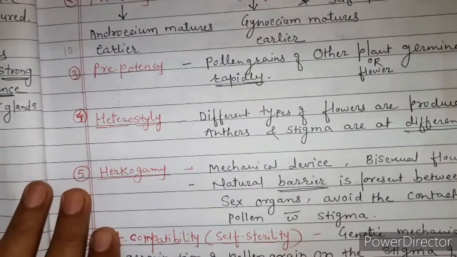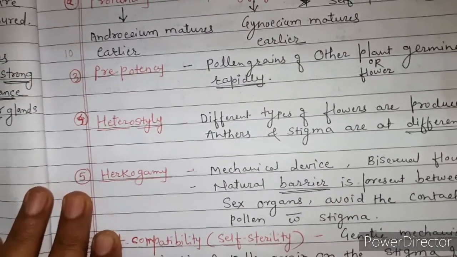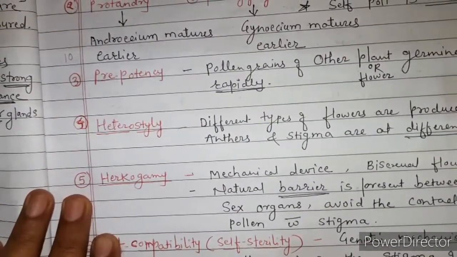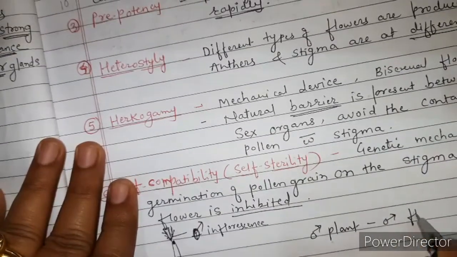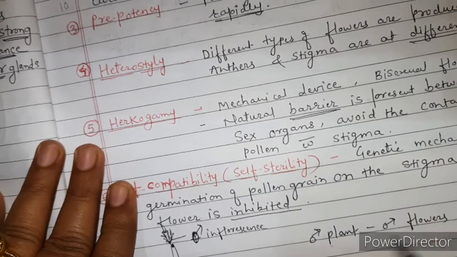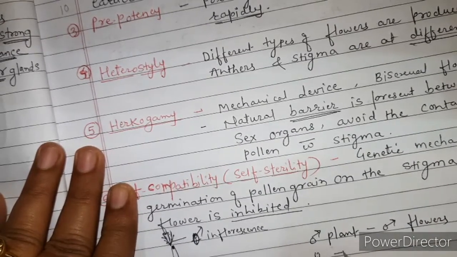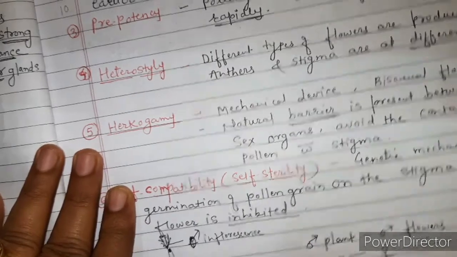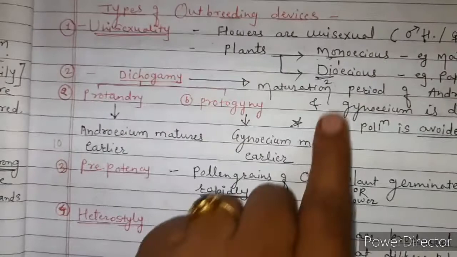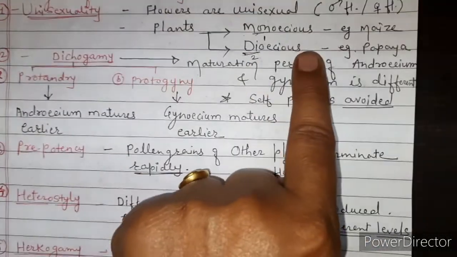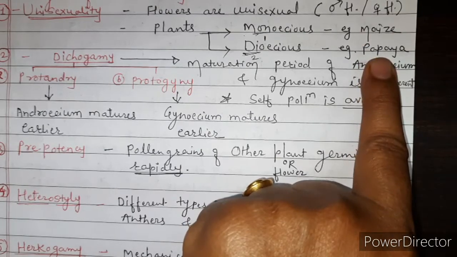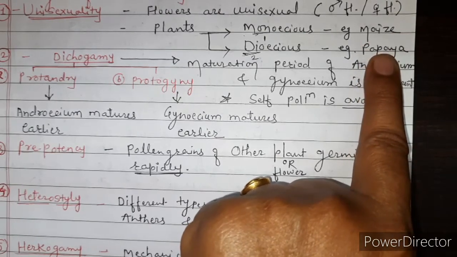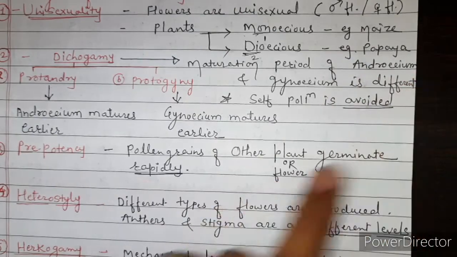The male plant produces male flowers and the female plant produces female flowers in this way. So, two plants are there in dioecious, for example in papaya. So, male plant and female plant. In this condition also cross pollination takes place.